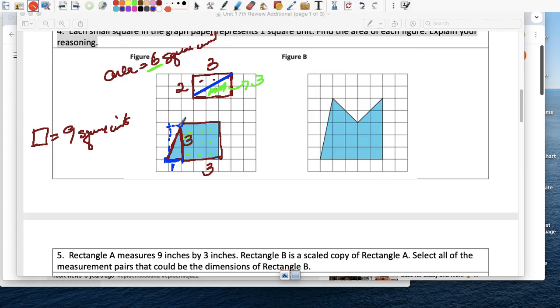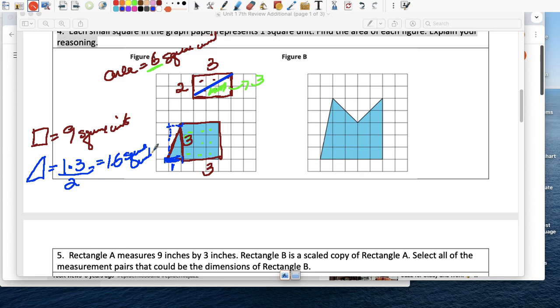But it's not a rectangle, it's half a rectangle. So for the triangle, you multiply the length 1 times the height 3, and then divide that by 2. 1 times 3 is 3, divided by 2, you get 1.5. So the area of that triangle is 1.5 square units.